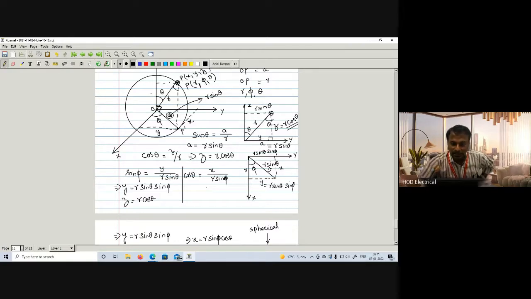Yes, correct. Z equal to r into cos phi. Then sine theta is nothing but a by r, that is r into sine phi.